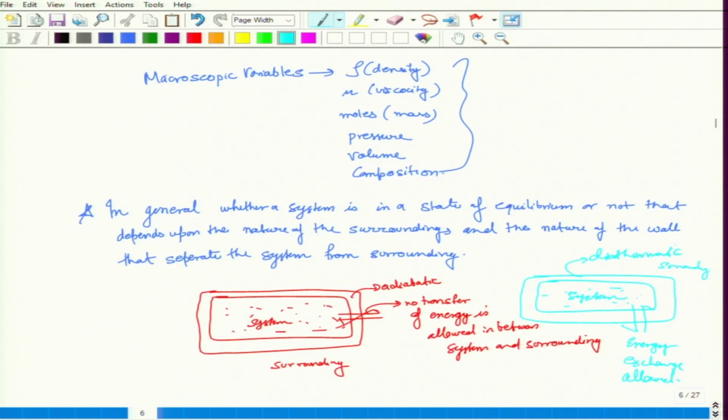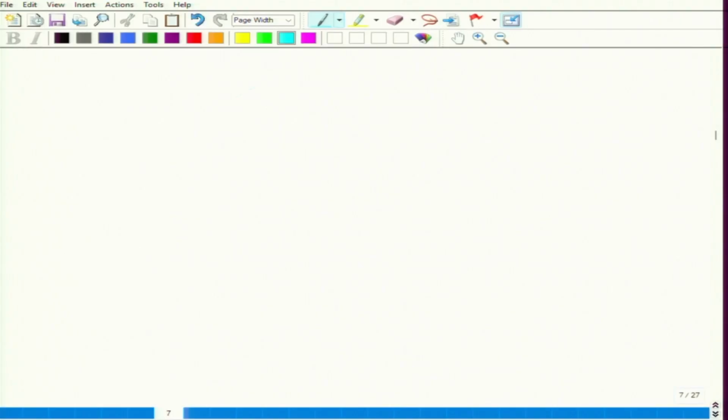I will explain this thermodynamic equilibrium with a diagram. Let's say we have a body, so we have this container and we have this wall.